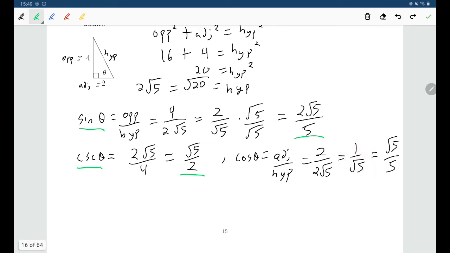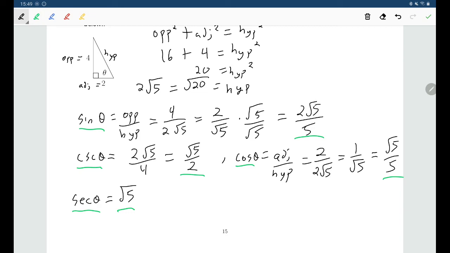So now we know cosine of theta is root 5 over 5. We can also use that to find secant of theta. Remember that secant is the reciprocal of cosine. Cosine was 1 over root 5. So secant should be the reciprocal, root 5 over 1, which is root 5.